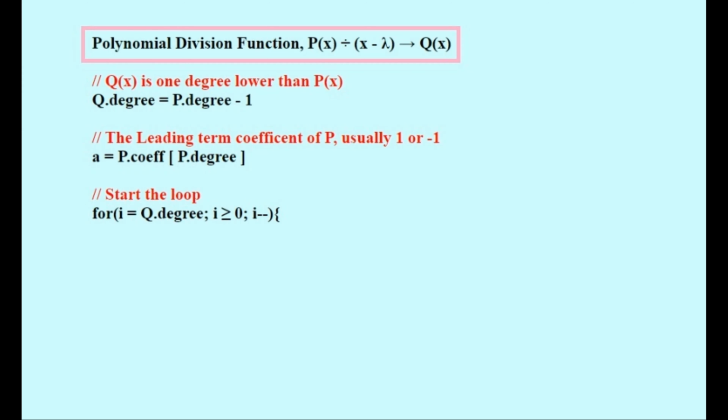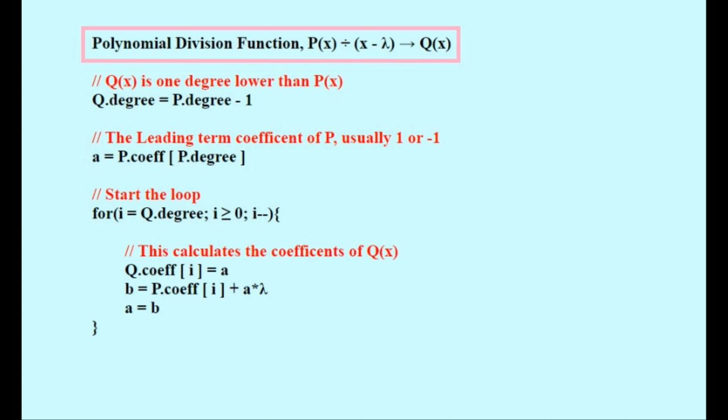We step backwards through the polynomial, because this is the order in which it is done in long polynomial division. This loop must span every coefficient in q. And so this little bit of algebra simulates division by x minus lambda. The remainder of this division should be 0.